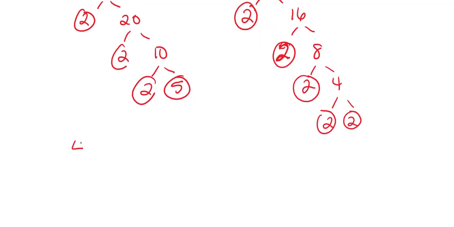So 40 over 32 is represented by the prime factorization on both the bottom and top as.